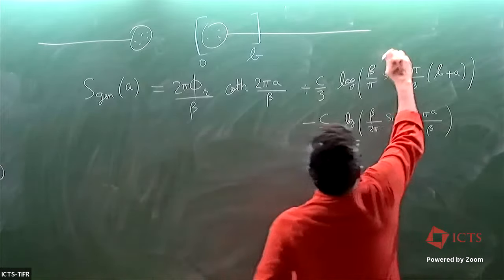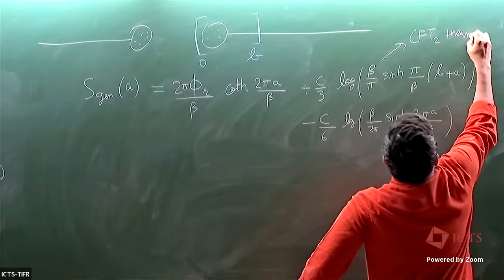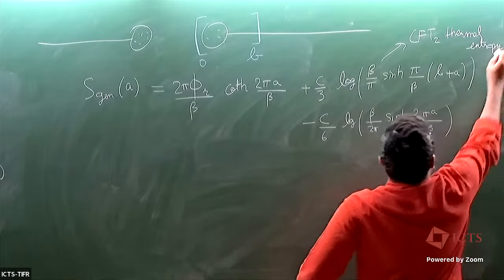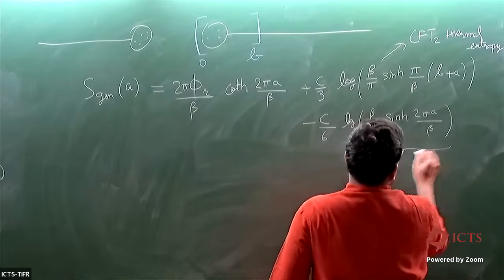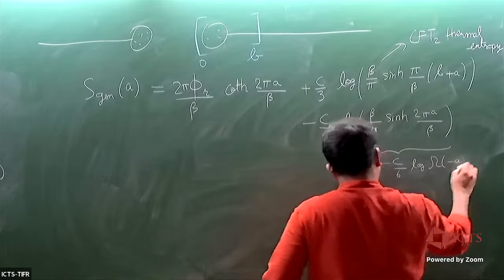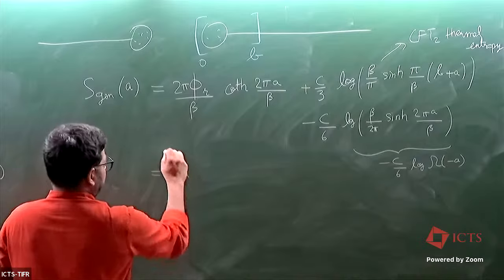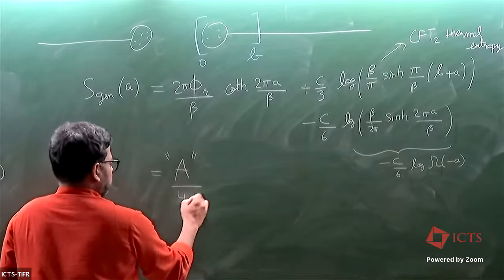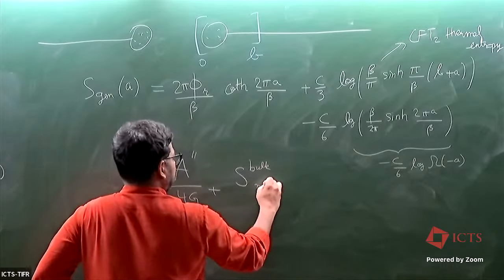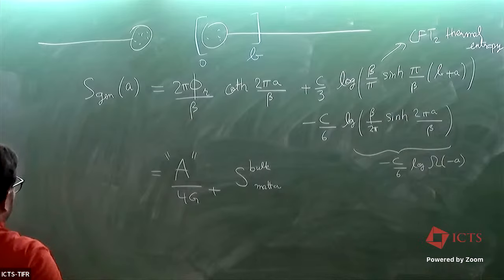So this is the CFT2 thermal entropy, and this is from minus C over 6 log of omega at negative A. And I remind you that this is supposed to be area over 4G plus S bulk matter. The bulk matter is a CFT2 which is flying around on this space.